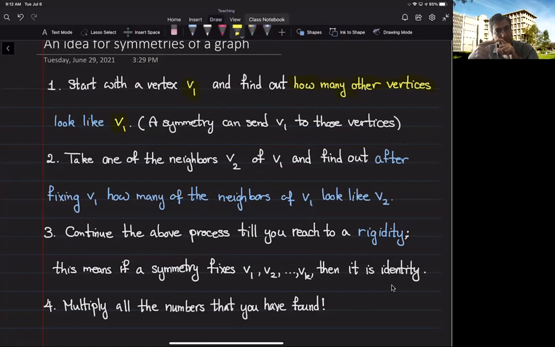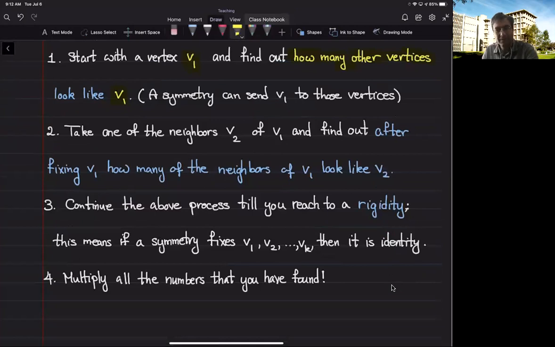How many other neighbors of v1 look like v2, in the sense that if I fix v1, where can I send v2? To what other neighbors of v1 can we send v2? As soon as we find out how many of those we have, then we go to the next neighbor of v2. We continue like that.